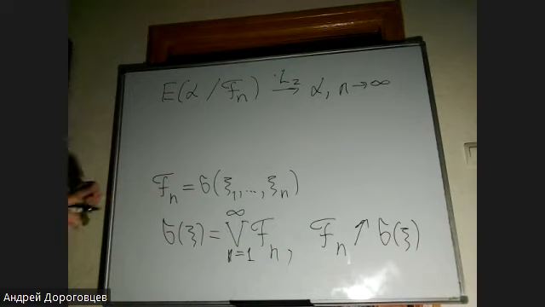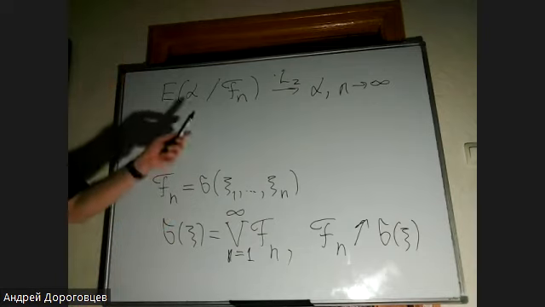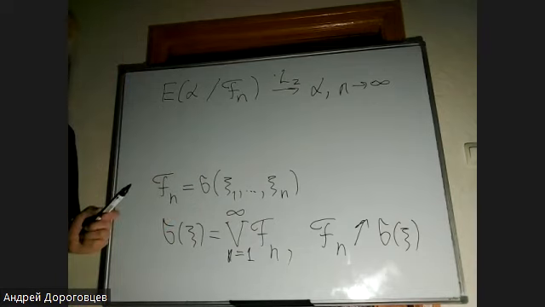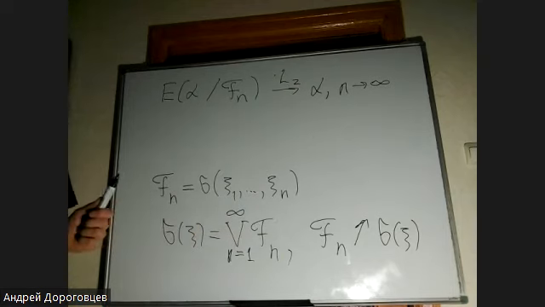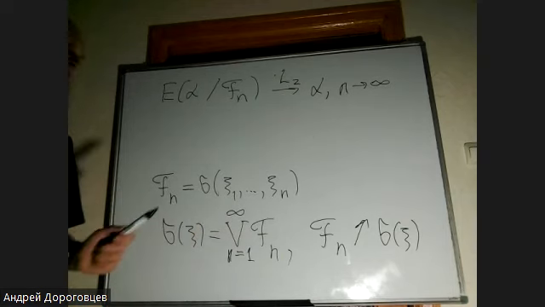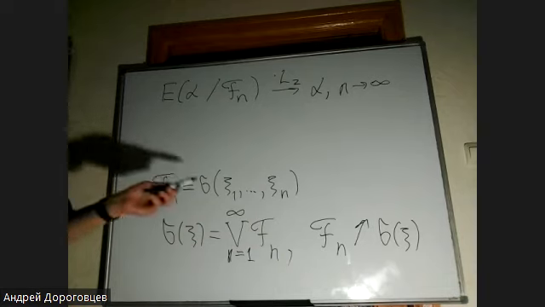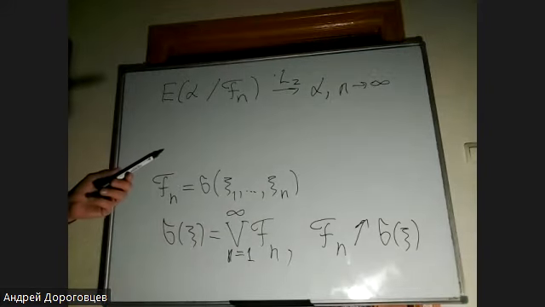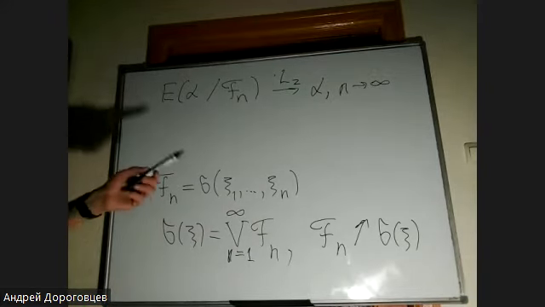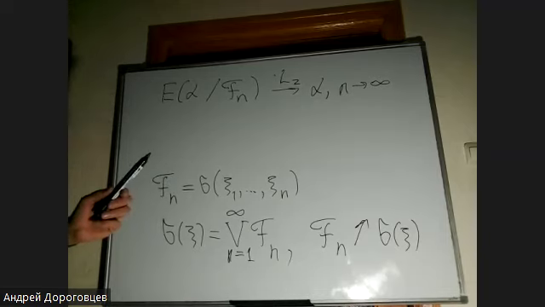And our idea was the following. Since alpha conditionally with respect to F_n depends only on a finite number of coordinates, psi_1 to psi_n, it already has a chaotic representation. And after this, we want to go to the limit. Today, we will do exactly that.